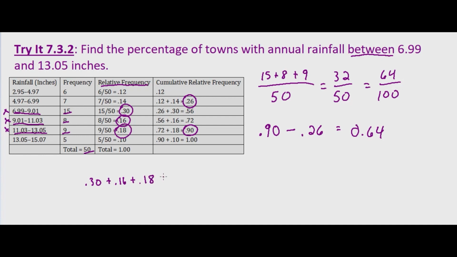And if we add those up, this equals 0.46 plus 0.18, which does equal 0.64. So using all 3 methods with the information we have in this table, we can say that 64% of towns have annual rainfall between 6.99 and 13.05 inches.